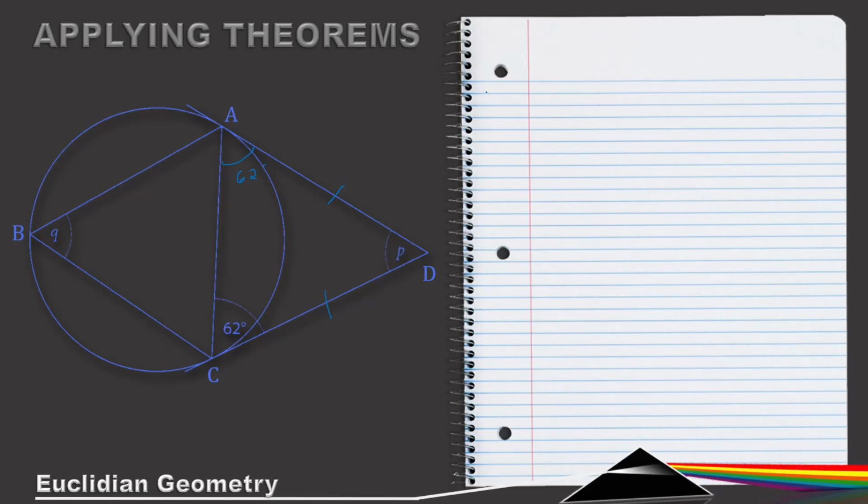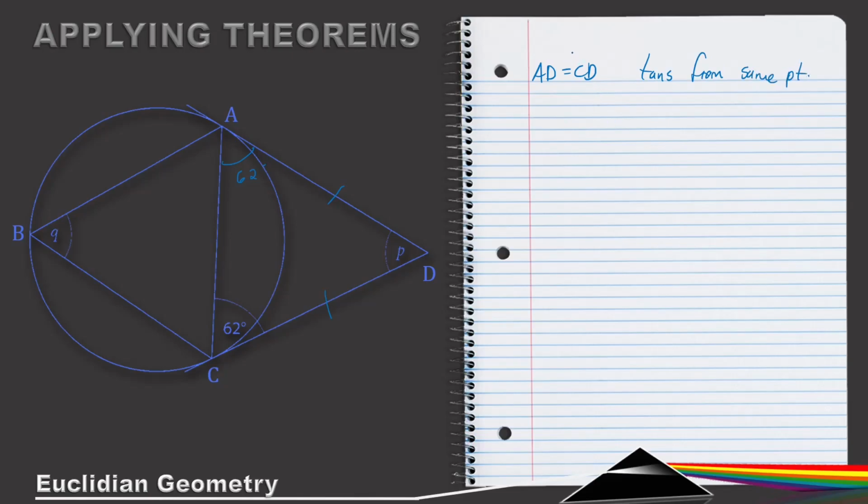Now, to start off and write everything down, we can say that AD is equal to CD, and our reason is tangents from the same point.